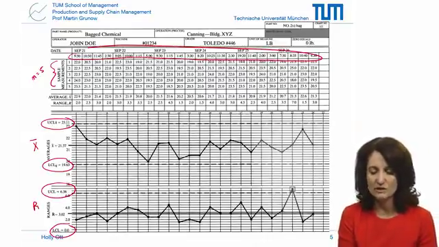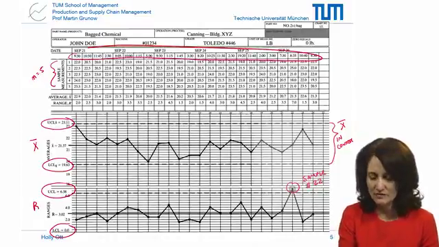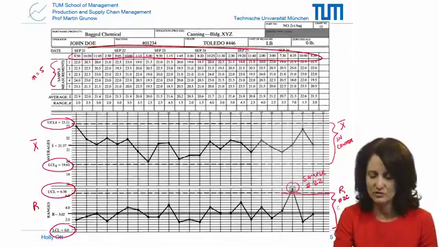And what we noticed was everything for the X-bar chart was in control, but sample number 22 was just above the upper control limit for the range. So the range chart had number 22 out of control.